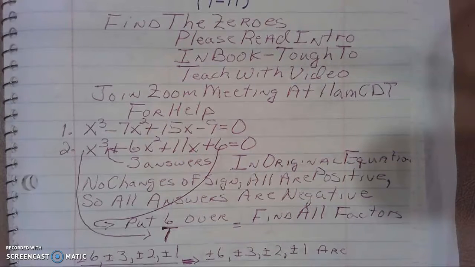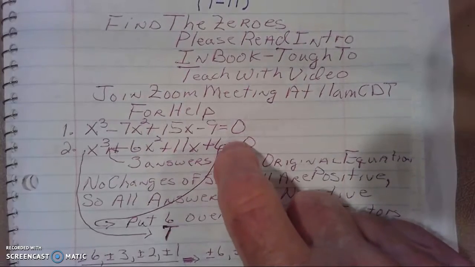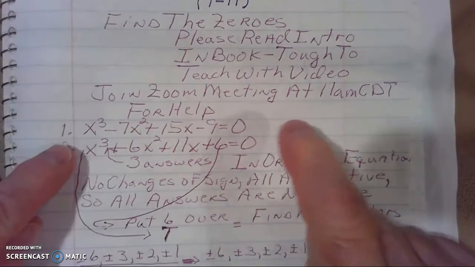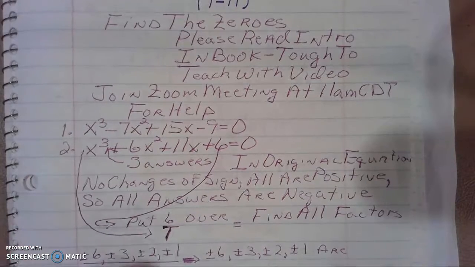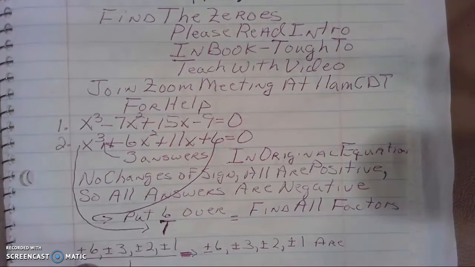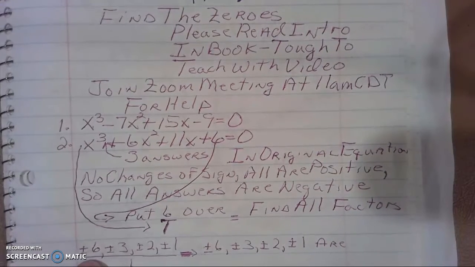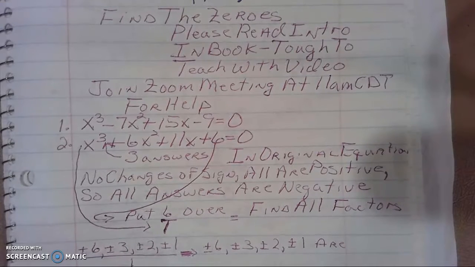Now, how do we find what possible roots we can try? We put the last number, 6, over the first coefficient, 1. So 6 over 1. And then we take all the possibilities that go into 6 and 1. The things that go into 6 are 6, 3, 2, and 1, over the possibilities that go into 1.